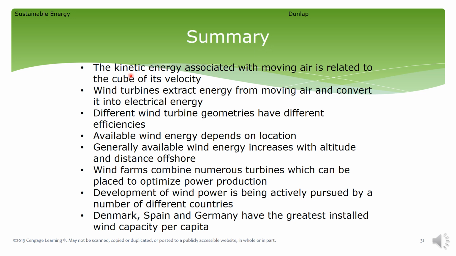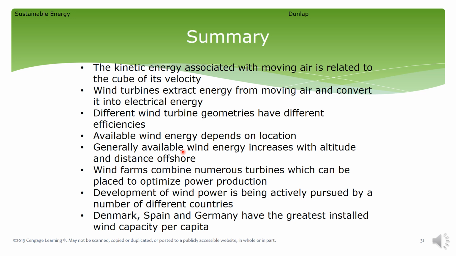Summary: the kinetic energy associated with moving air is related to the cube of its velocity. Wind turbines extract energy from moving air and convert it into electrical energy. Different wind turbine geometries have different efficiency. Available wind energy depends on location.